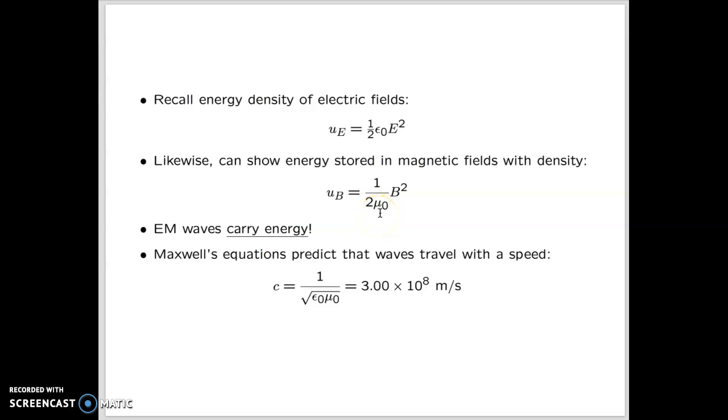We have mu naught appearing in the denominator here, whereas we had epsilon naught appearing in the numerator up here. We're multiplying by epsilon naught, dividing by mu naught. Don't worry about that. That's not the important thing. The important thing is both are proportional to the square of the magnitudes of the fields.